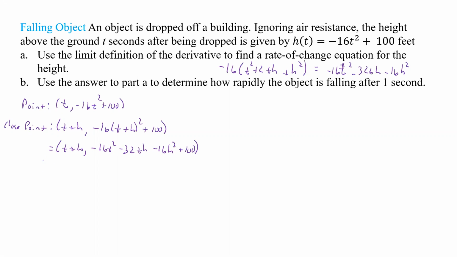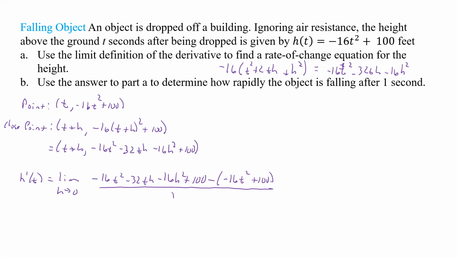Okay. Now we're ready to do the derivative using the limit definition. So we're going to look for h prime of t is equal to our limit as h goes to 0 of, now we plug that in first, negative 16t squared minus 32th minus 16h squared plus 100, minus, now I'm just going to put the parentheses here, negative 16t squared plus 100, all over h.